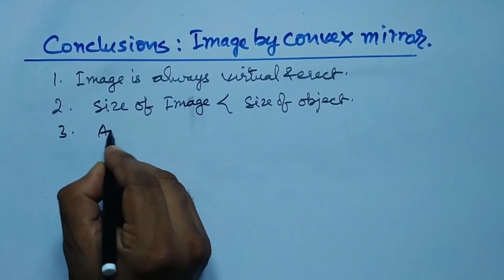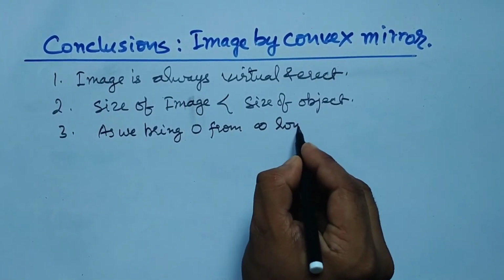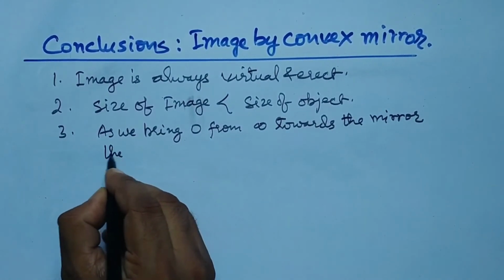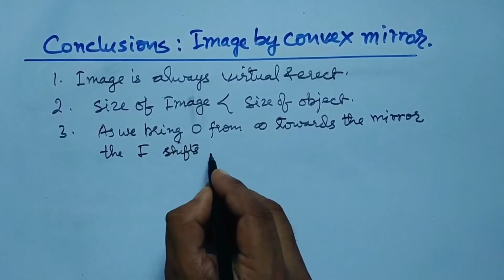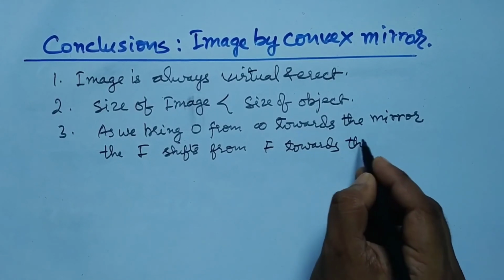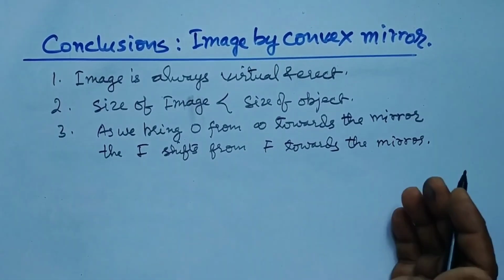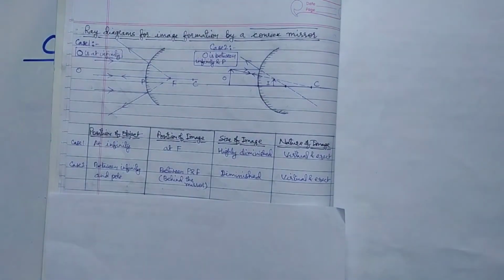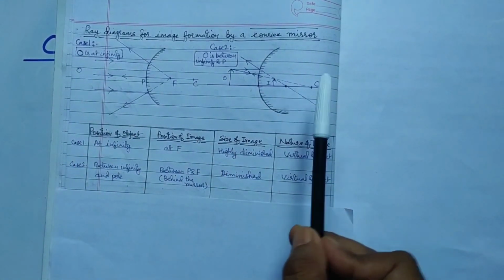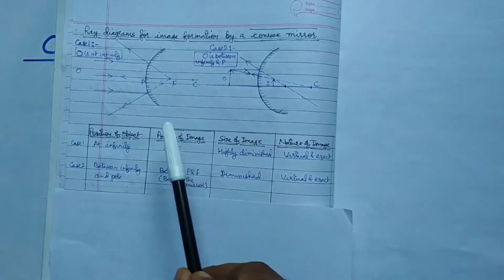Now third point is that as we bring object from infinity towards the mirror, the image shifts from focus towards the mirror. जैसे हम ऑब्जेक्ट को इन्फिनिटी से मिरर की तरफ लाते हैं तो इमेज फोकस से मिरर की तरफ शिफ्ट होता है. दैट कैन बी शोन हियर. जब इन्फिनिटी में है तो फोकस में बना, और जब इन्फिनिटी से पास अगर इमेज को ऑब्जेक्ट को हम ले आते हैं देन इमेज अर्लियर इट वॉज फॉर्म्ड एट फोकस, अब वो किधर जा रहा है? वो मिरर की तरफ जा रहा है. तो फ्रॉम फोकस इट विल शिफ्ट टुवर्ड्स द मिरर साइड.